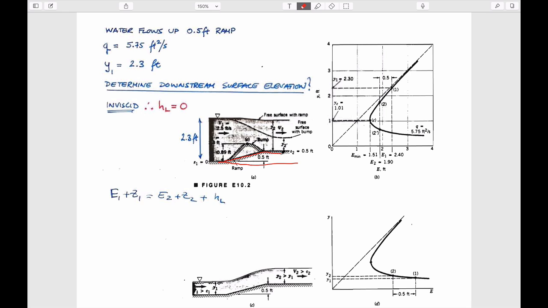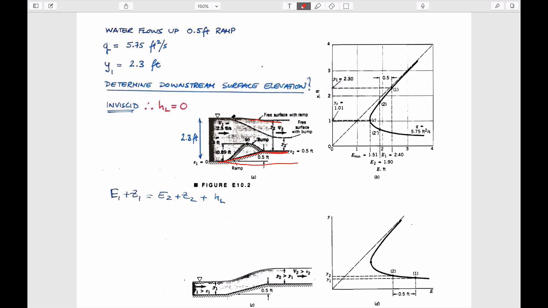That ramp allows you to lift up to half a foot above the existing height. We know, and you've actually looked at an example using just Bernoulli's equation, that if you write Bernoulli's between the upstream and downstream locations, you'd expect the surface to have a dimple in it because it has to flow faster here, because the cross-sectional area is smaller.